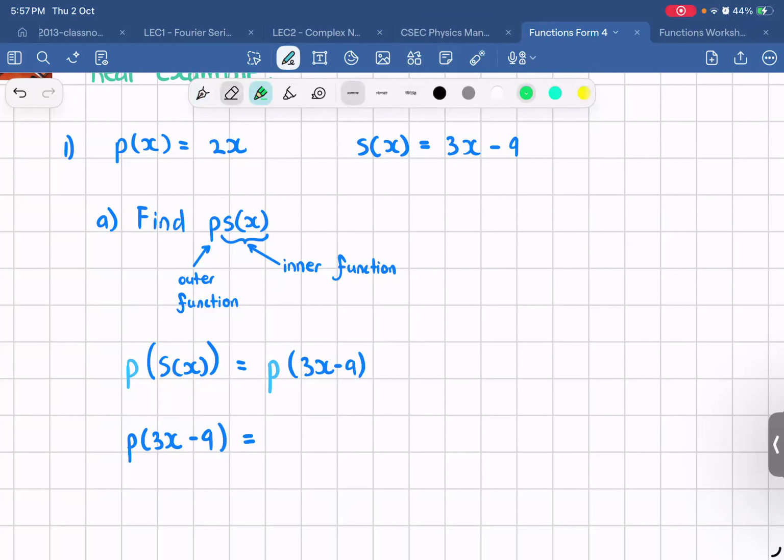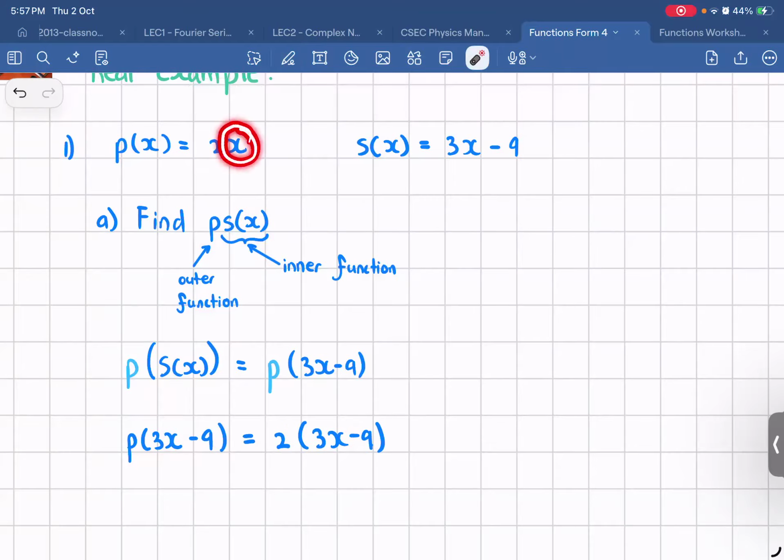What are we putting inside the function here? 3x negative 9. Right. So over here we have 2x. Instead of writing 2x, I'm going to write 2 open bracket 3x minus 9. So all we did was replace x with what was inside the brackets. Some of you understand. Yes, I understand.